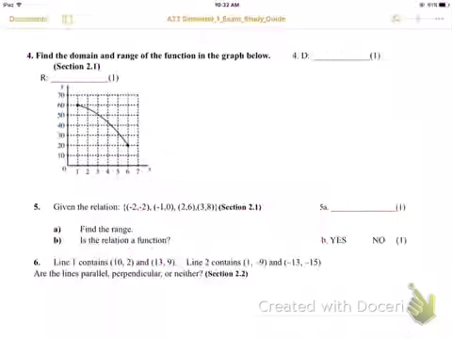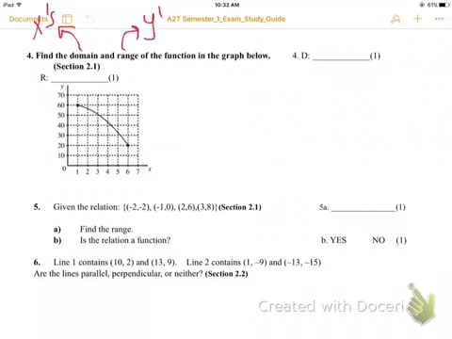Number 4 says, find the domain and range of the function in the graph below. The domain says which x's get used, and the range asks which y's get used. So if I'm at 0 for my x value, and I look up or down, nothing is there.